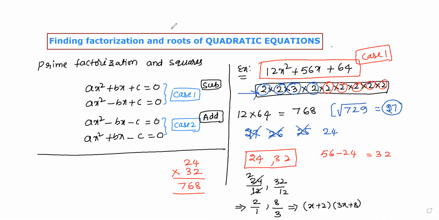But if you see here, when you multiply the constant terms, the product will be 16, but in the given question the constant term is 64. That means this combination is not correct, so we have to adjust that.